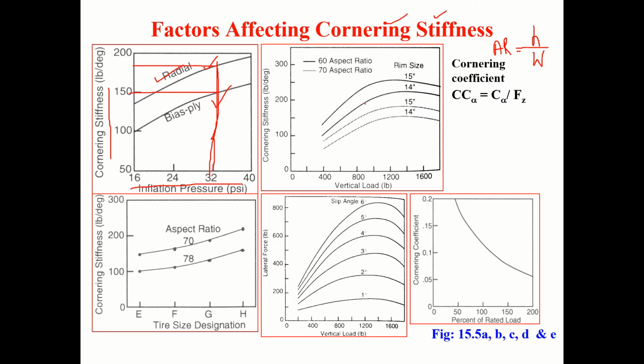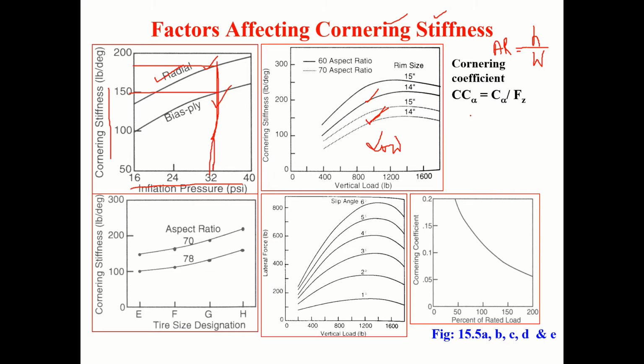This is 60 aspect ratio, this is also 60 aspect ratio. Sorry, this is 60 aspect ratio, this is 70 aspect ratio. If the aspect ratio is a low value, the cornering stiffness will be better.